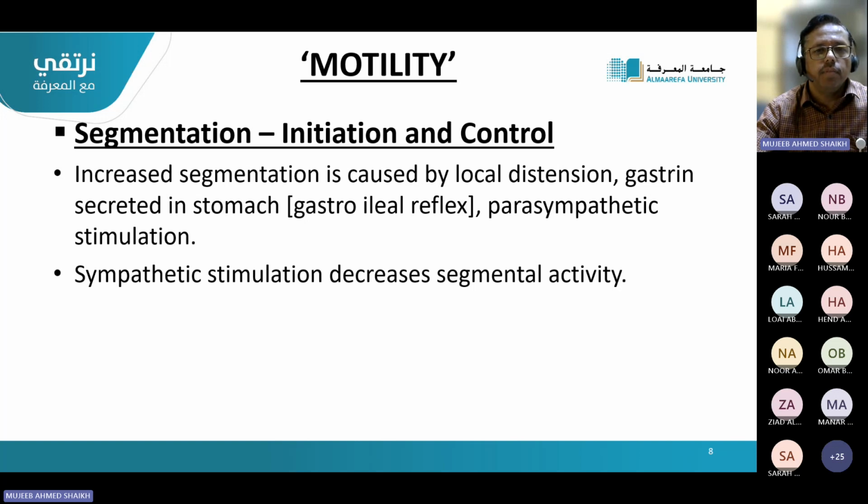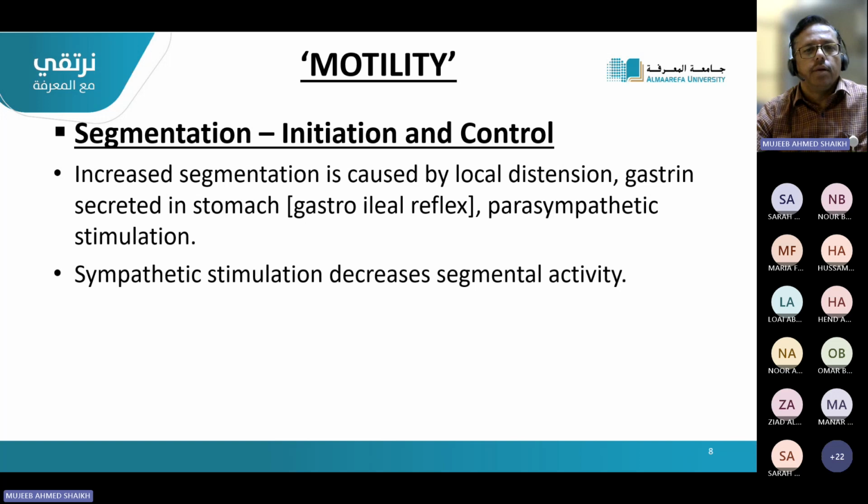Something released from the stomach, that is gastro, and acting on the ileum or the small intestine, is called the gastroileal reflex. Also, it can be done by parasympathetic stimulation, whereas, opposite to that, sympathetic stimulation will decrease this segmental activity.